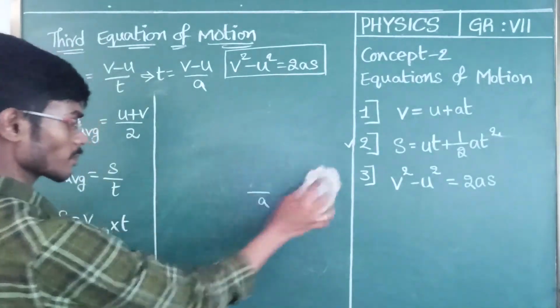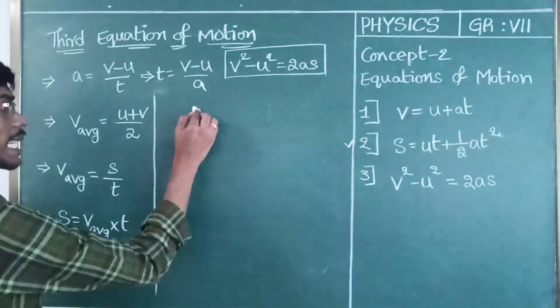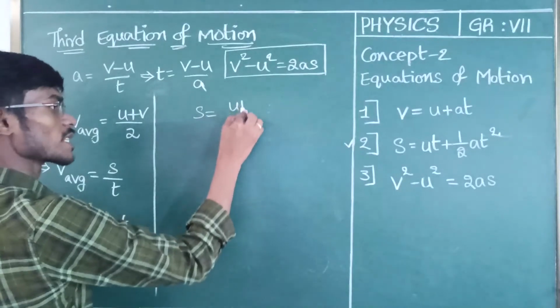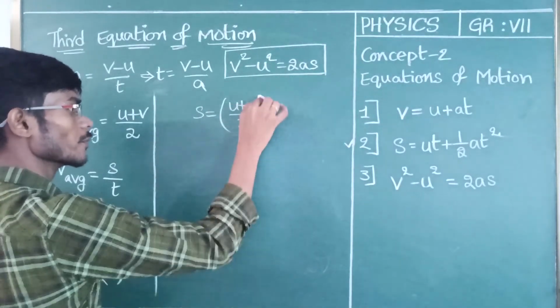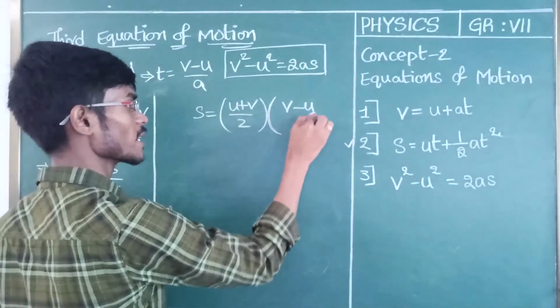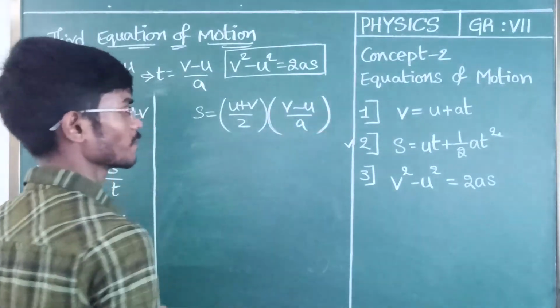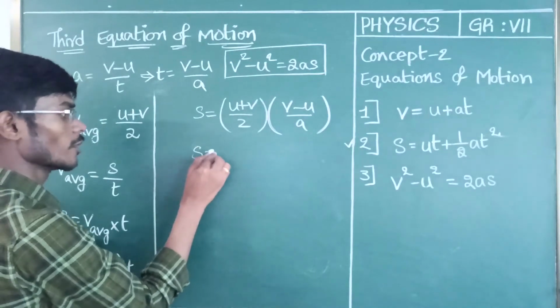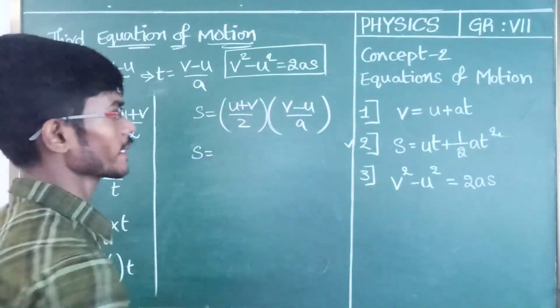Then substitute. S is equal to U plus V by 2 into time, V minus U by A. Now S is equal to, this is in the form of what?